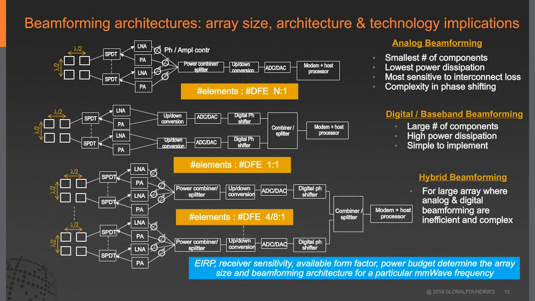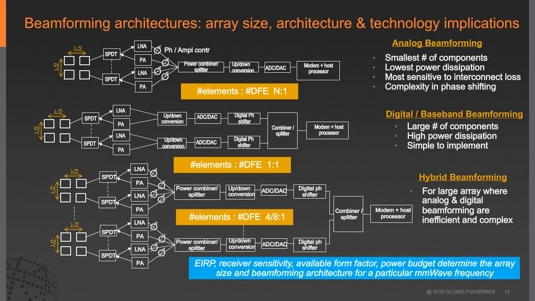Now, these have to be right next to the antenna elements. For analog beamforming, the phase and amplitude adjustment is done for each element at RF frequencies, and then they are combined at the receiver or split up at the transmitter.